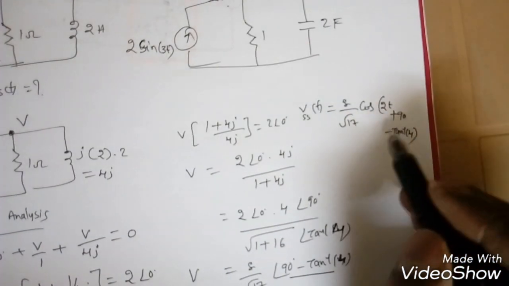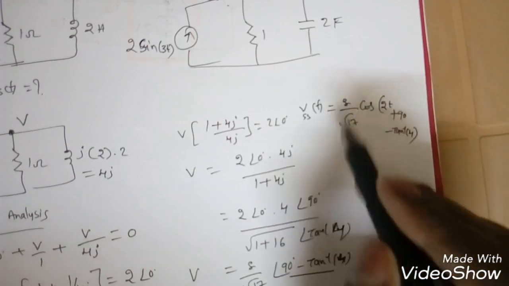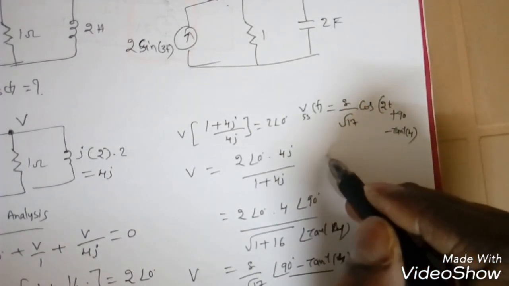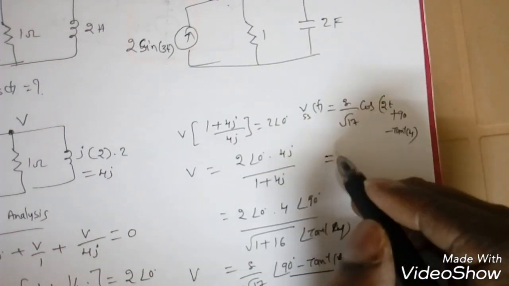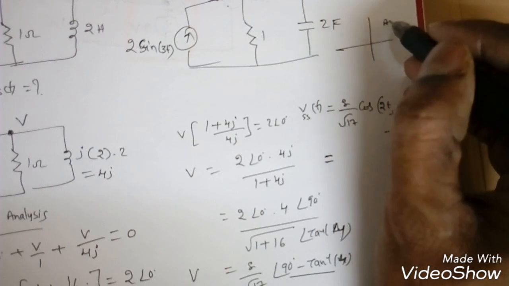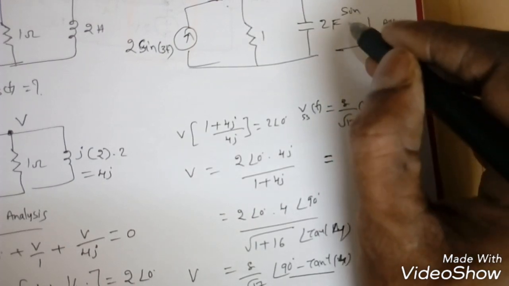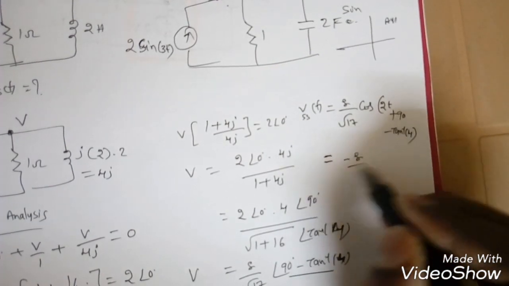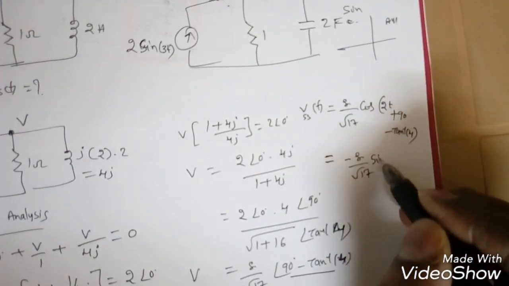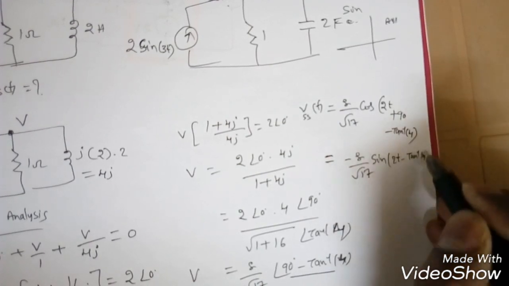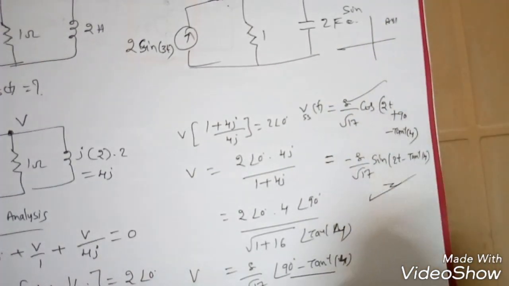Suppose this response is not there in the options, we can use cos (90 plus theta). Cos (90 plus theta) is what? This will be in the second quadrant, so all sine and cosec, right? So we'll get minus 8 by root 17 sine (2t minus tan inverse 4). So either this value or this value.